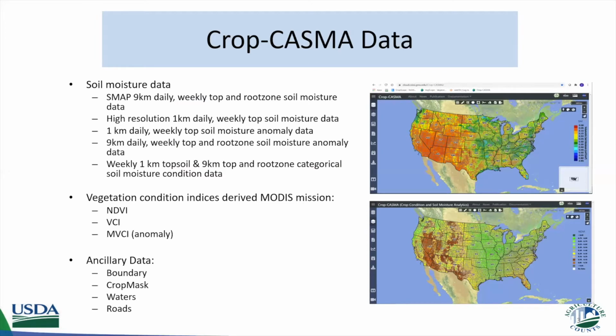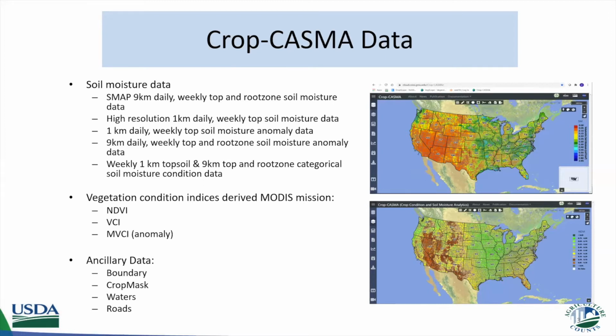We serve the original SMAP 9-kilometer level 4 data, which includes the topsoil and the root zone soil moisture. And we also serve the 1-kilometer soil moisture data, which is derived from the SMAP data and also the optical sensors MODIS and AVHRR.